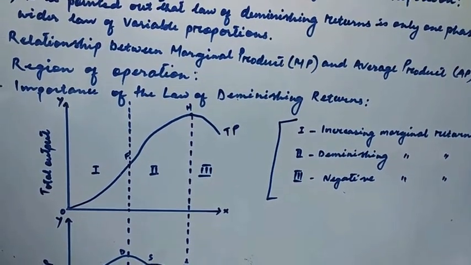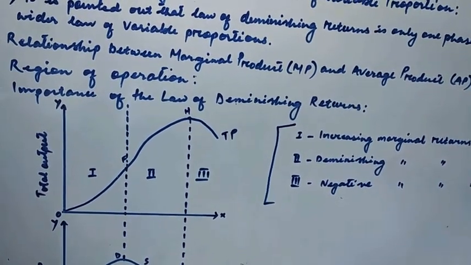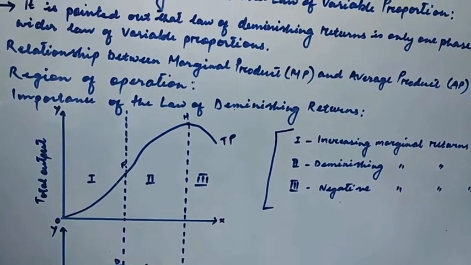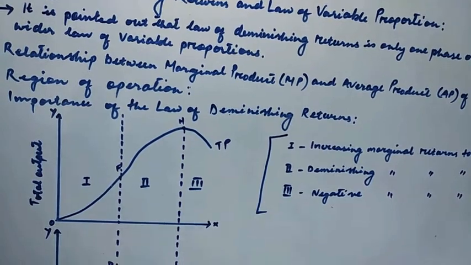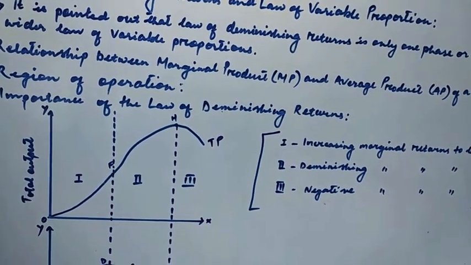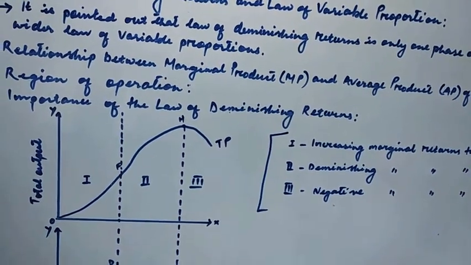It is again because diminishing marginal returns to a factor after a particular stage occur due to the increasing proportion of the variable factor to the given quantity of the fixed factors beyond the point of optimum proportion.